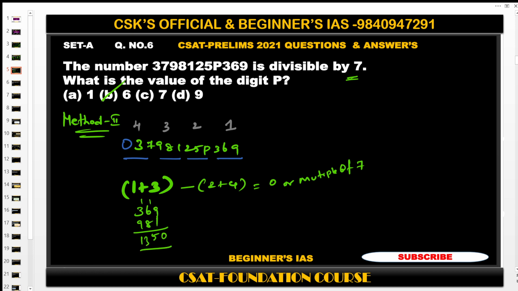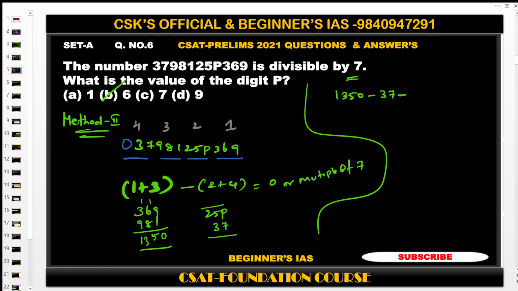First of all, find 2 plus 4: 2 is nothing but 25p, and 4 is nothing but 37. So next, 1 plus 3 is nothing but 1350. We have to subtract 2 and 4, where 2 is 25p and 4 is 37.